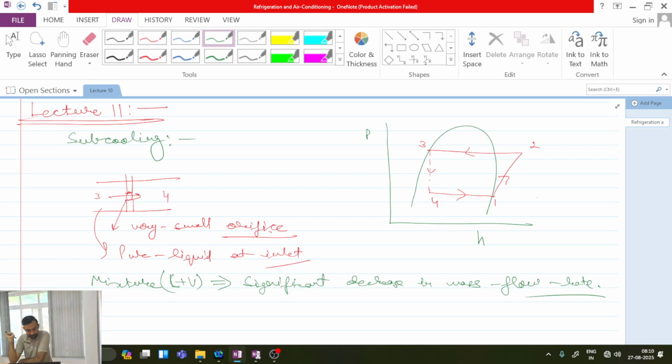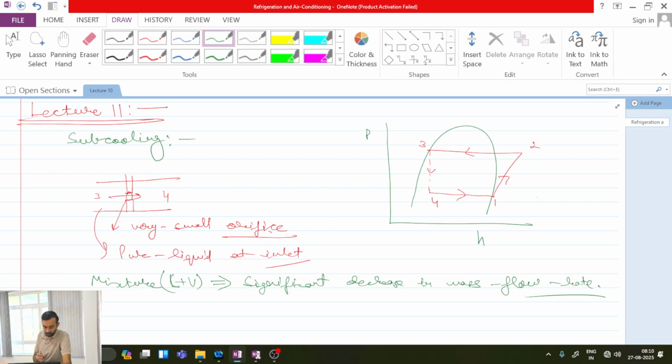So that's why, whenever we are operating the practical cycle, because this expansion device, particularly the small orifice, is specifically designed for handling high flow rates when pure liquid is entering, we need to ensure in practical cycles that our starting state to this is always in the liquid region.